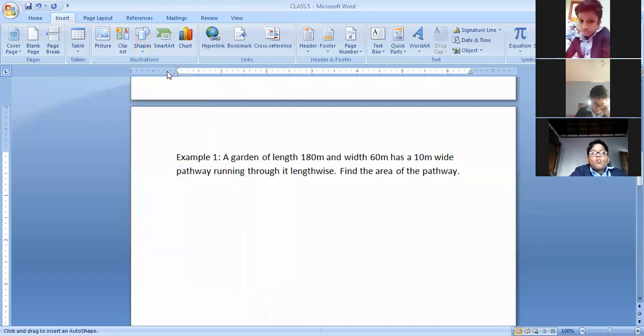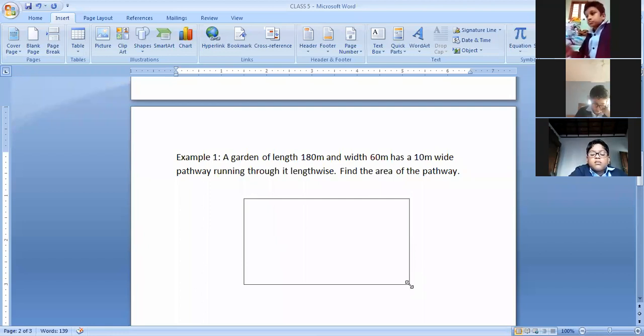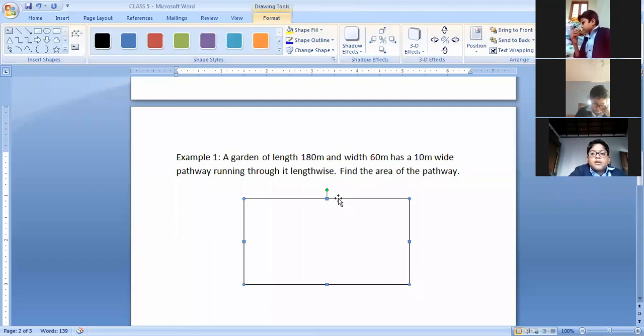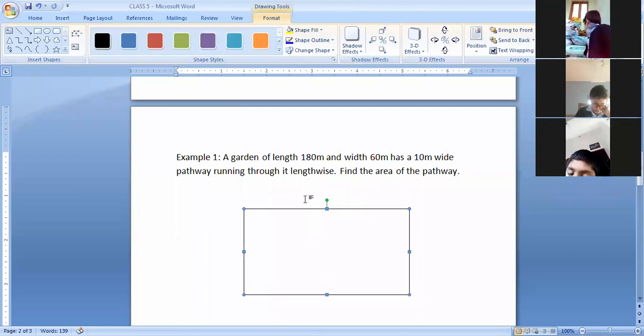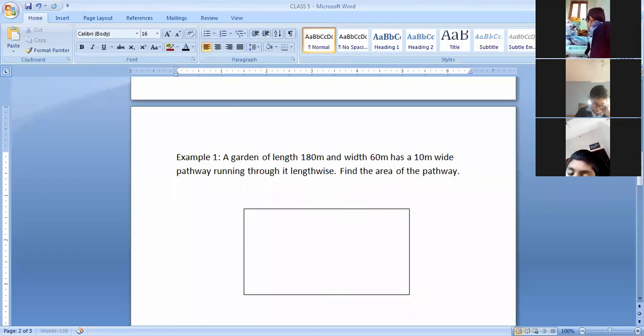Okay, it's a garden. We know its length and breadth. 180 meter is the length of the garden. 60 meter is the breadth of the garden. And 10 meter is the breadth of pathway. So look at this. This is the garden. Suppose this is the garden and Miss ഇപ്പൊ വരയ്ക്കുന്നത് വരയ്ക്കണോ നോട്ട്ബുക്കിലേക്ക്?